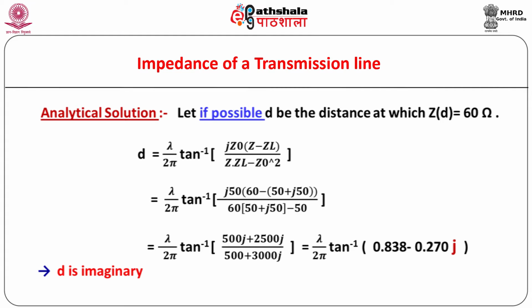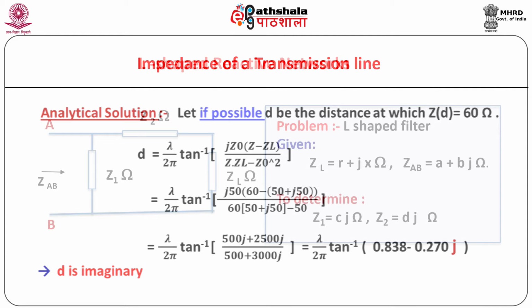Here we note that D comes out to be imaginary. Hence, we conclude that it is not possible to get real value of the line impedance as 60 ohm for the given load anywhere along the transmission line. Note that Smith chart avoids such complexity arising in analytical method.